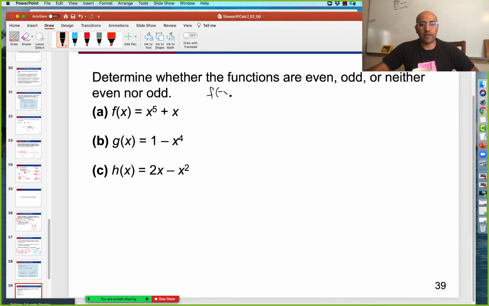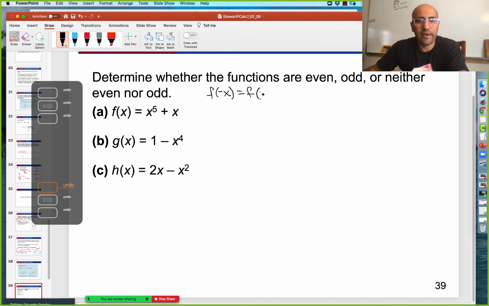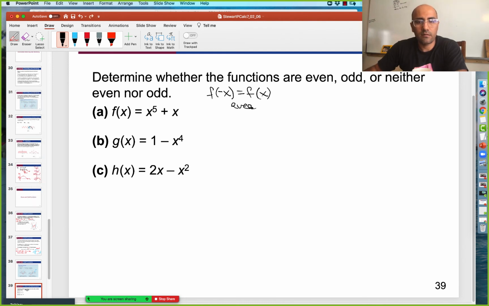If it's true that f of negative x equals -1 times f of x, then we have odd. And if it's neither of those, then it's neither even nor odd.